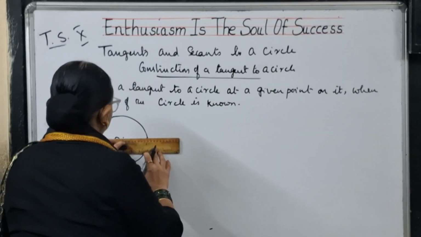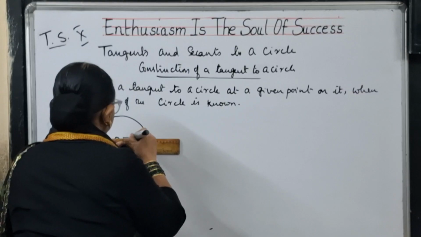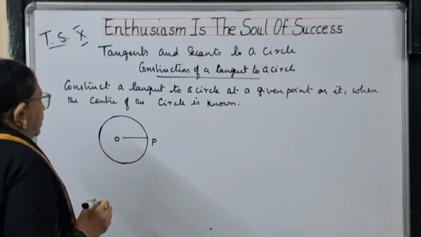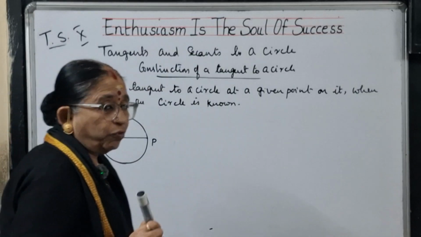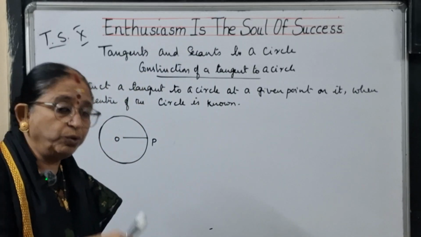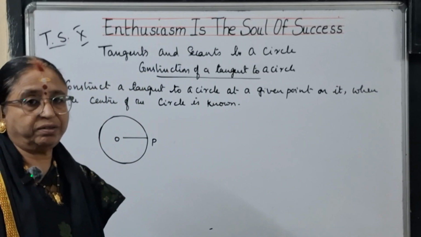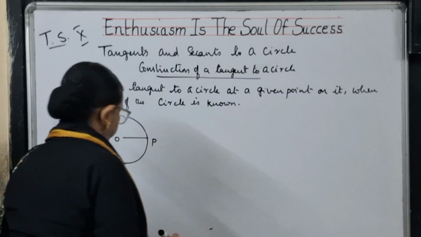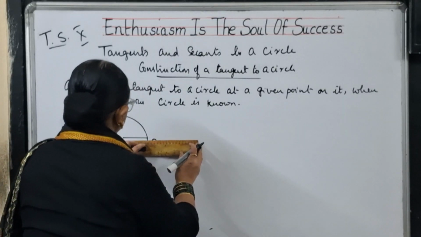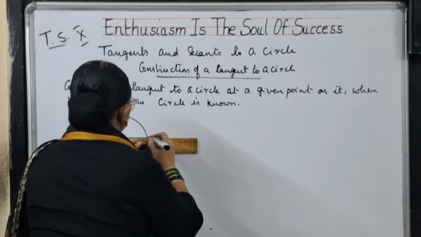So, first you join OP. After joining OP, you know that a tangent is always perpendicular to the radius. That is what we have learnt in the previous problem. So here, let us extend it as a line.